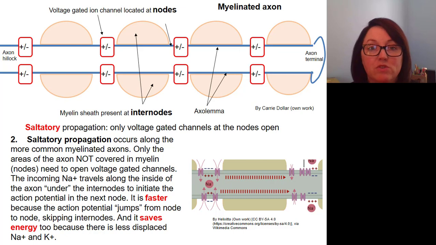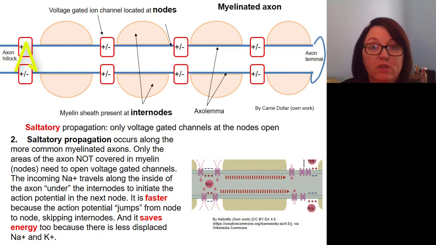We're going to have action potentials jump from node to node. The reason why this is happening is because we're not opening the voltage-gated ion channels where the internodes are, and that's because we don't have any voltage-gated ion channels at the internodes. We have layers of fat there instead. So we can only experience an action potential at the nodes.